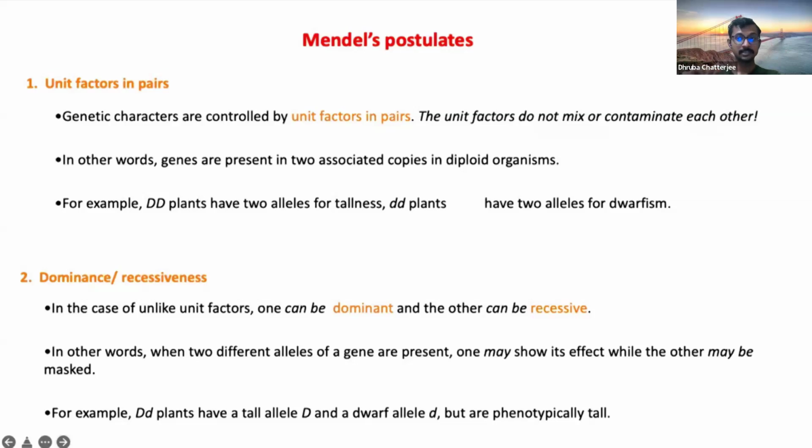In some cases they might not be able to express themselves, so you may not realize that they are there from the phenotype, but upon a suitable condition arising, they can again express themselves and regulate the phenotype. So they never mix or contaminate each other, and they're always segregated.